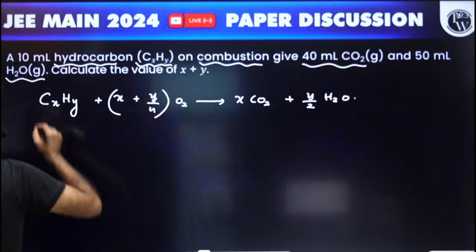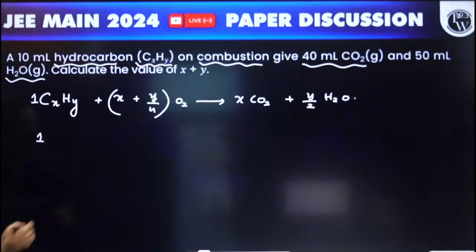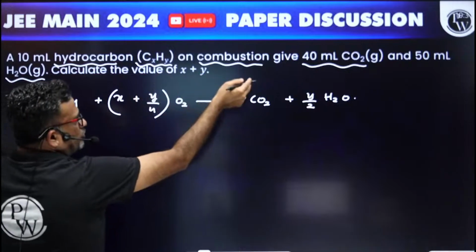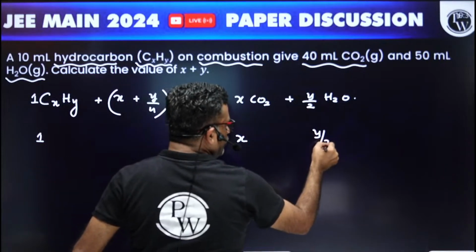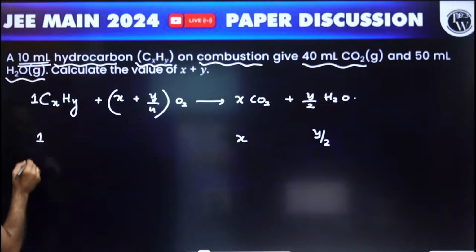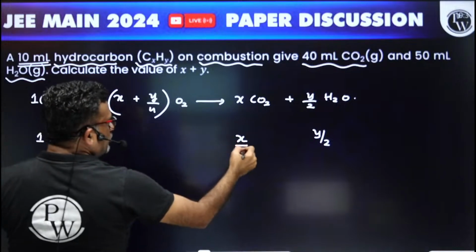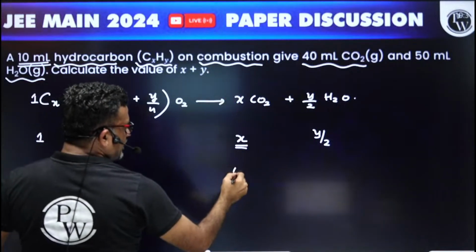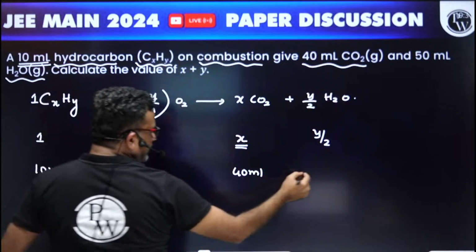Is that clear? 10 ml of hydrocarbon, there is one volume of this, and would give 40 ml of carbon dioxide, x volume of this and y by 2 volume of this. One volume of the hydrocarbon is given to be 10 ml. x volume of the carbon dioxide is how much? 40 ml. y by 2 would be how much? 50 ml.